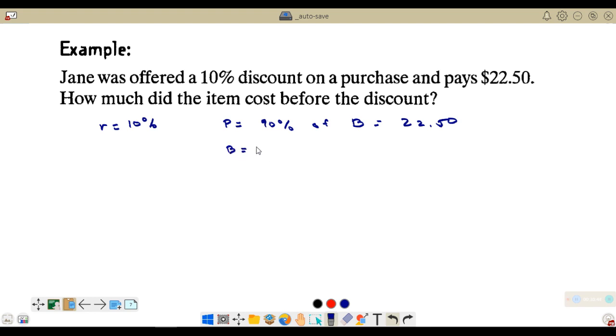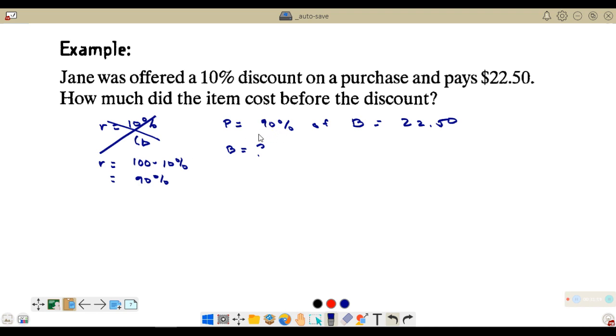Si base ay nawawala. So, instead of using here, R is equal to 10%, we are actually going to rewrite this as R is equal to 100 minus 10% or 90%. So, hindi po ito yung gagamitin. Ito po ang gagamitin.